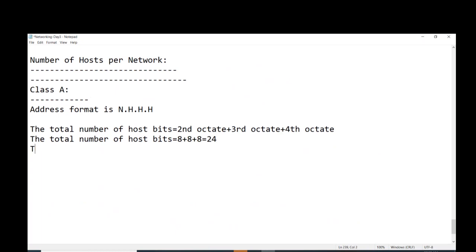Now the total number of hosts per network equals 2 to the power of 24. How much will we get for 2 to the power of 24?